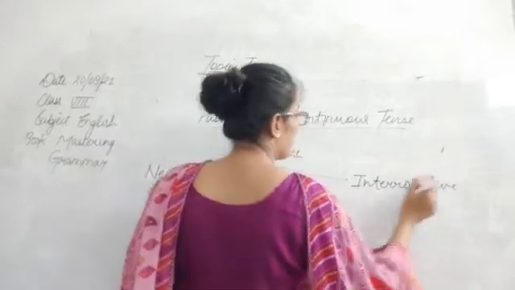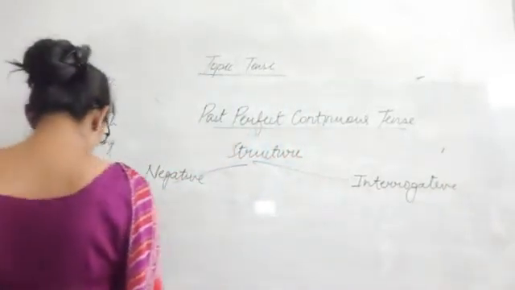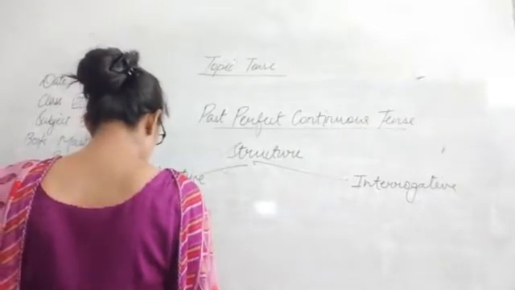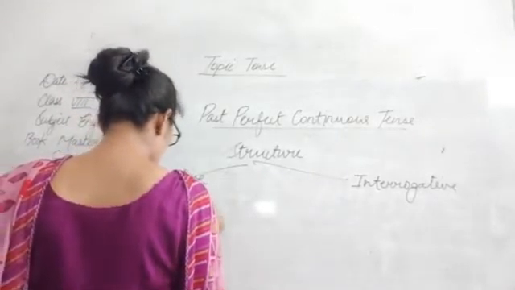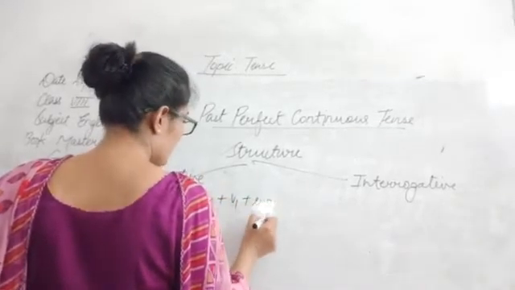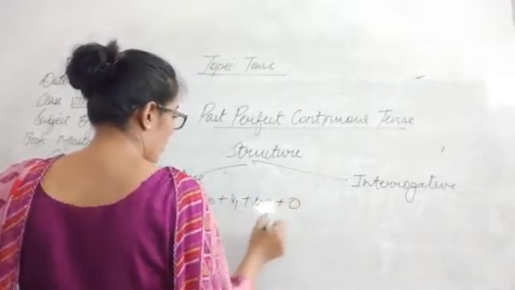Okay. Now positive would be subject plus had been plus verb first form plus ing plus object.